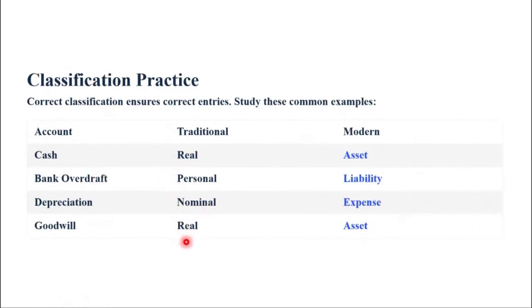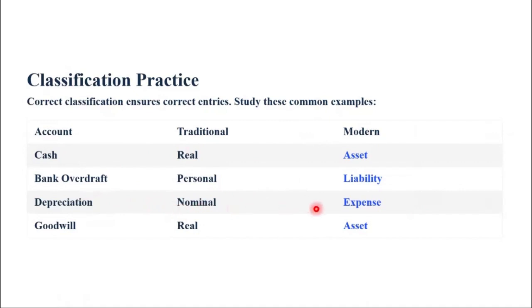Let's practice classification with a new item from our illustration: cash account. Traditionally, this is a real account, asset. Modernly, this is an asset. Bank overdraft. Traditionally, this is a personal account dealing with the bank. Modern, it is a liability. Depreciation. Traditionally, this is a nominal account, that means loss.